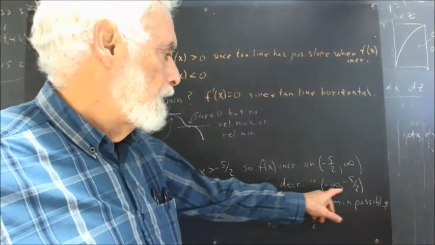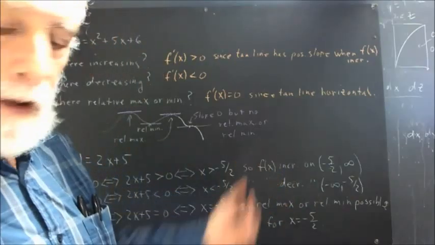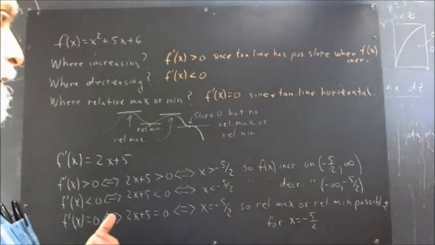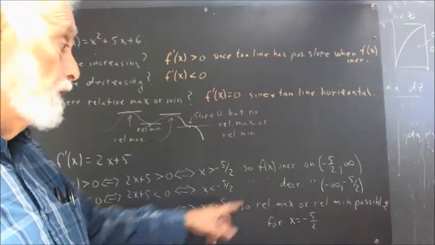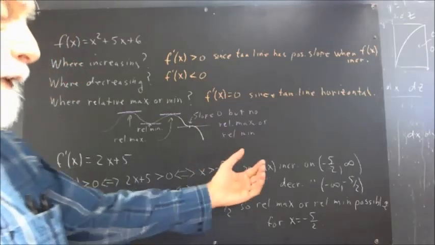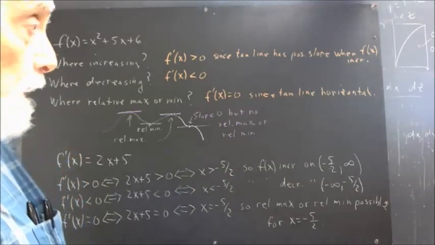The interval negative infinity to negative 5 halves on a graph would lie to the left of x equals negative 5 halves, and the function would be decreasing to the left of x equals negative 5 halves.